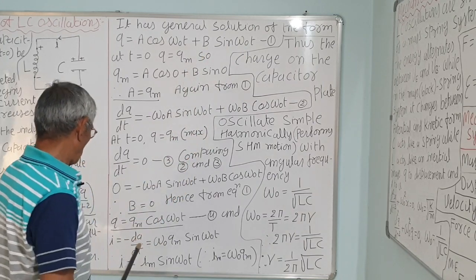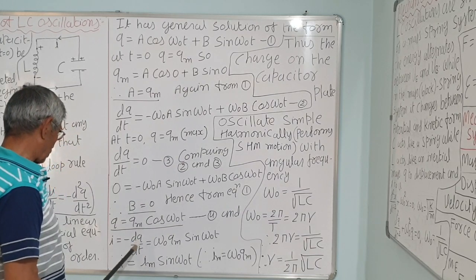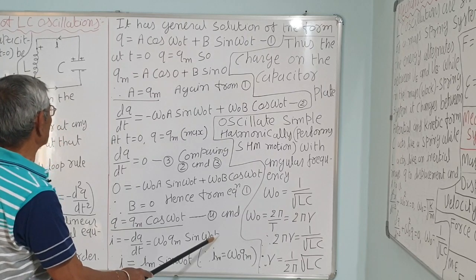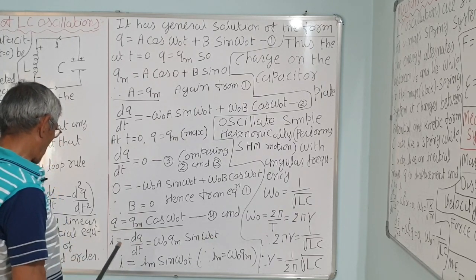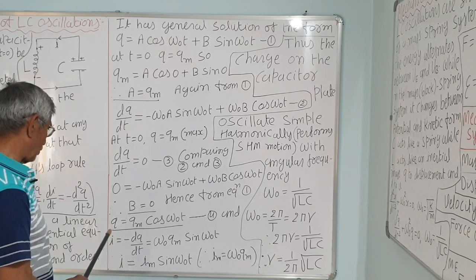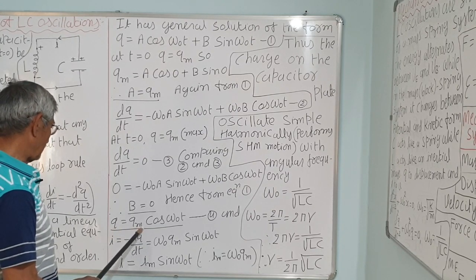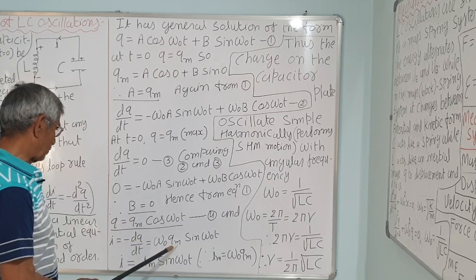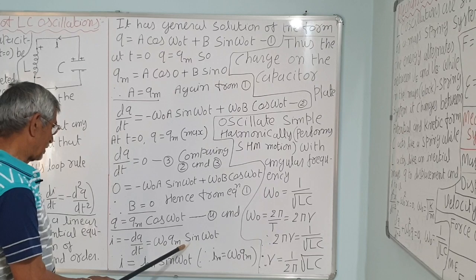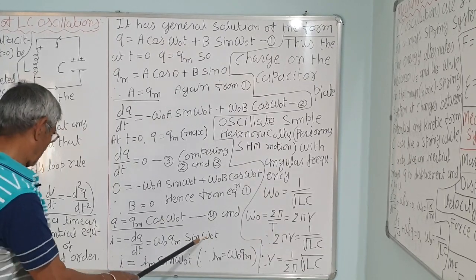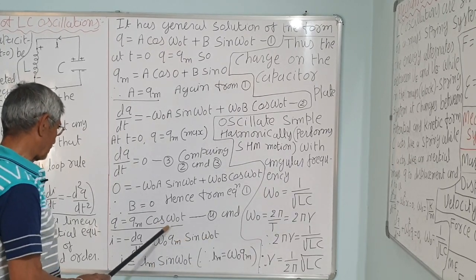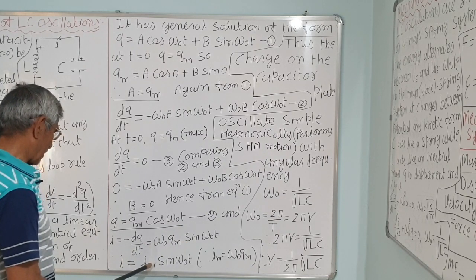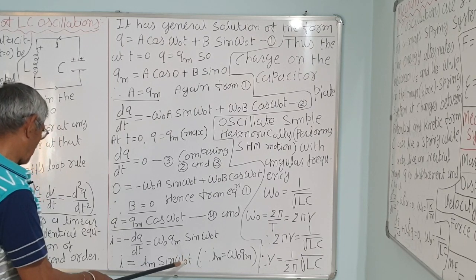So I is equal to minus dq by dt, that is equal to omega 0 Qm sin omega 0 t. Taking the derivative of q equal to Qm cos omega 0 t, the derivative of cos is minus sin. So I is equal to Im sin omega 0 t.